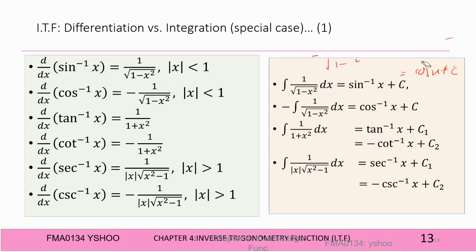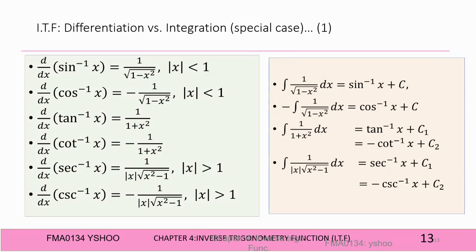While for tangent inverse and cotangent inverse, both also have the same value, except the opposite sign: tangent is positive and cotangent is negative, and secant is positive and cosecant is negative. Please pay a little bit of attention here to the absolute x.